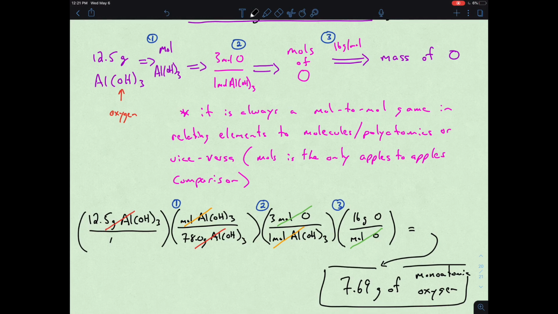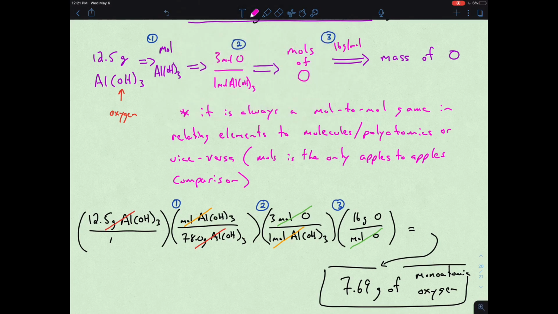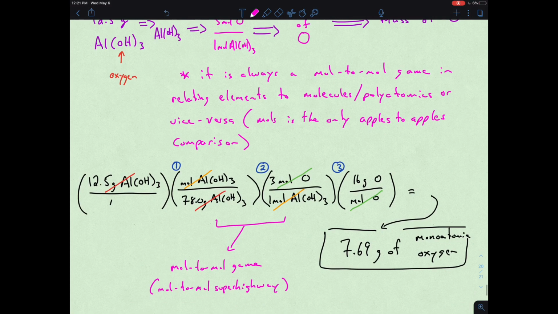And what's most important here that we can highlight is right here. Right, this is that mole to mole game, or mole to mole superhighway. Right, that allows for this relationship to happen on that apples to apples idea.